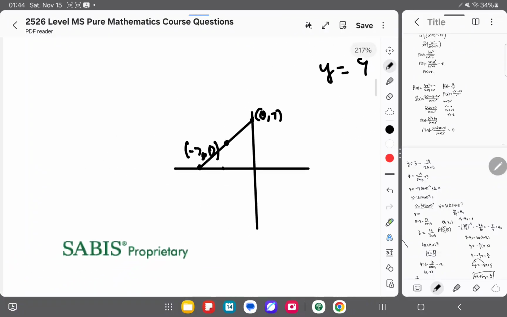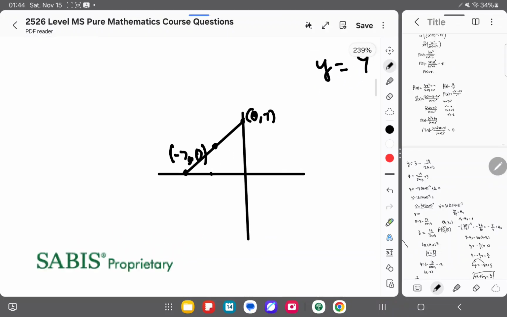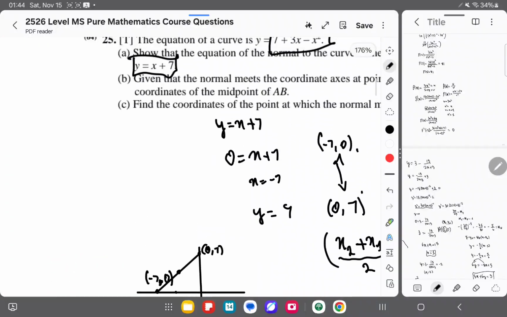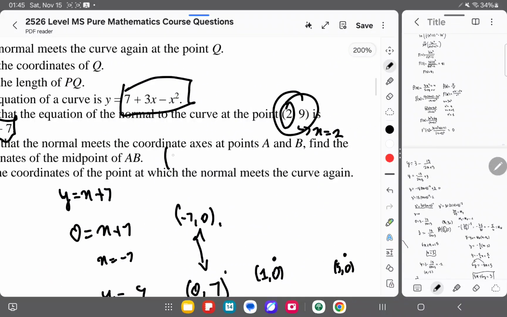So we do minus 7 plus 0 over 2, and then 7 plus 0 over 2, you get minus 3.5, and then 3.5. But I'm sure they would like it in decimal form. So minus 7 over 2 and 7 over 2 is also a correct answer. So for this, the answer here is minus 7 over 2, 7 over 2.